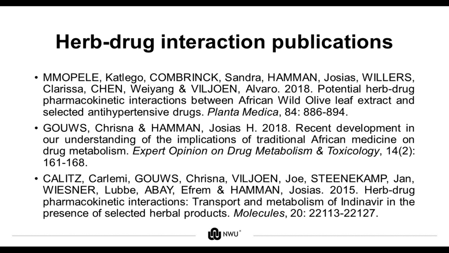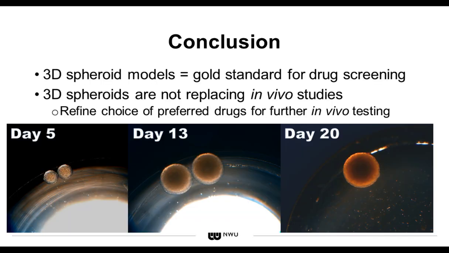Screening for the anti-cancer efficacy of newly developed drugs and their combination with traditionally used medicinal plants using 3D cancer cell spheroids may assist in identifying potential new therapies while reducing unnecessary animal testing. In conclusion, 3D spheroid models are becoming the gold standard in preclinical cancer drug screening.